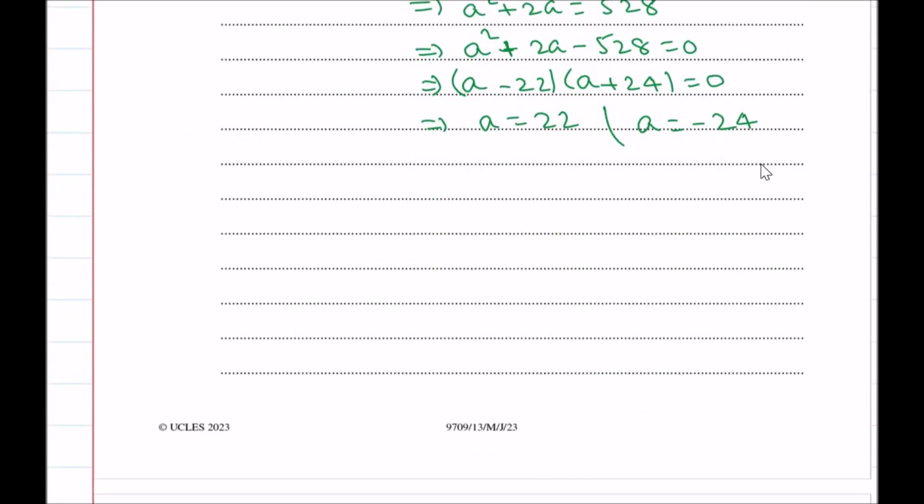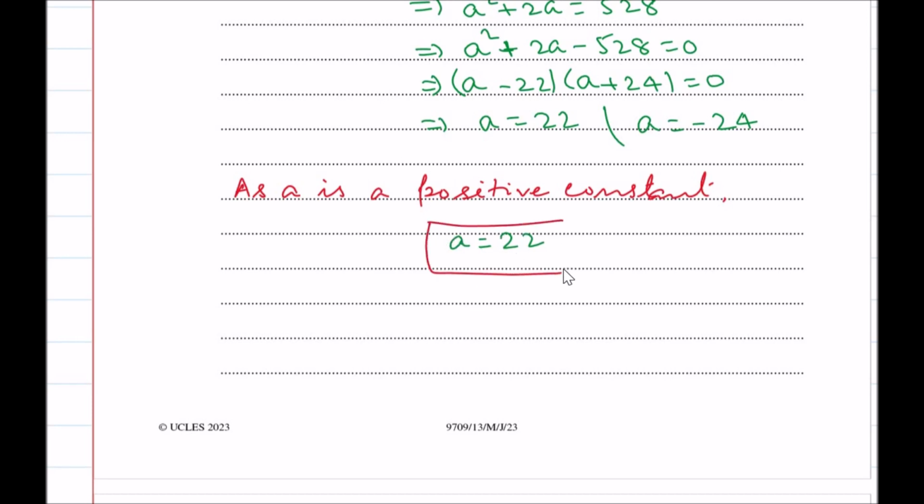So we cannot take the negative value. So we write here, as A is a positive constant, A equal to 22. We will not accept minus 24. Okay.